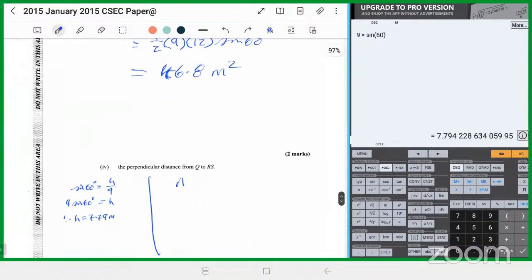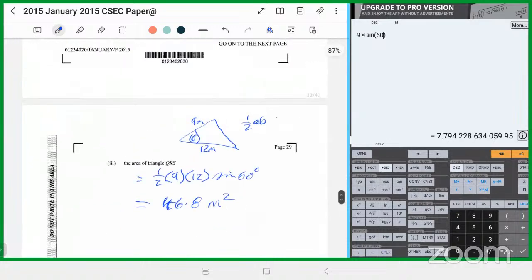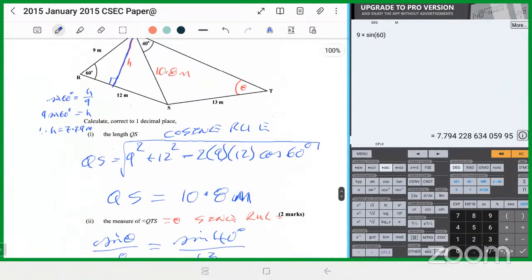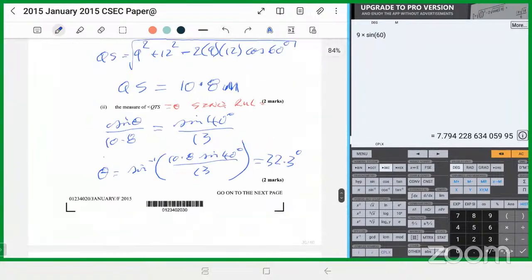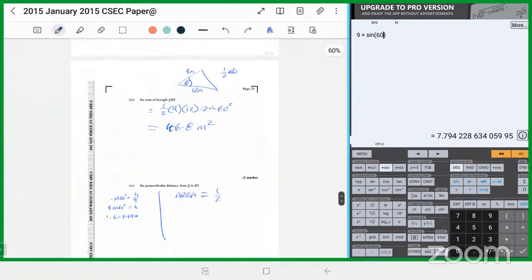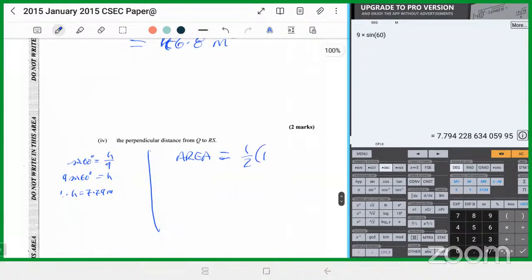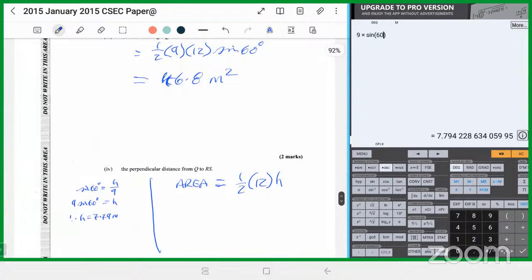So the area will be equal to half the base, this 12, times this height. So half 12 times the height will be equal to this area of 46.8. That's what the area is equal to.